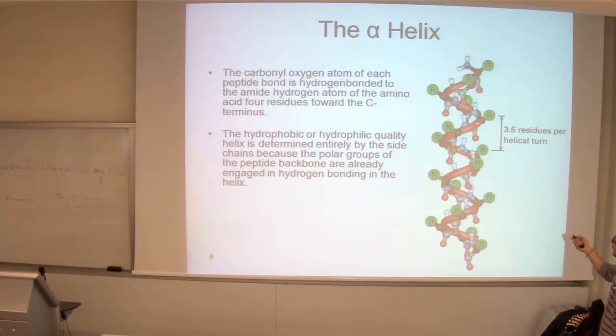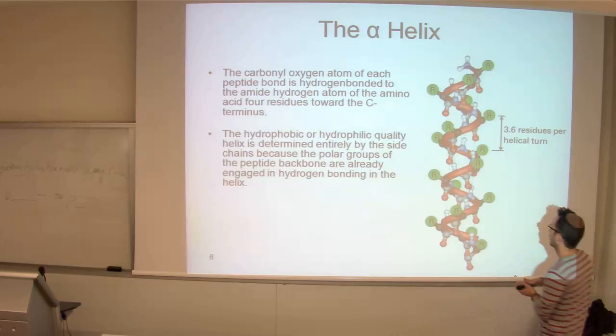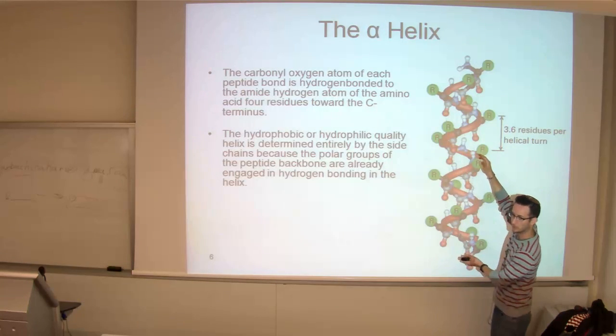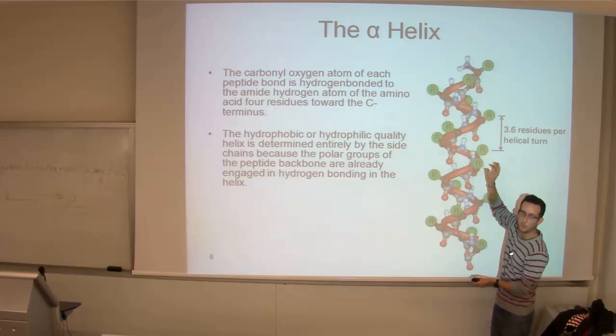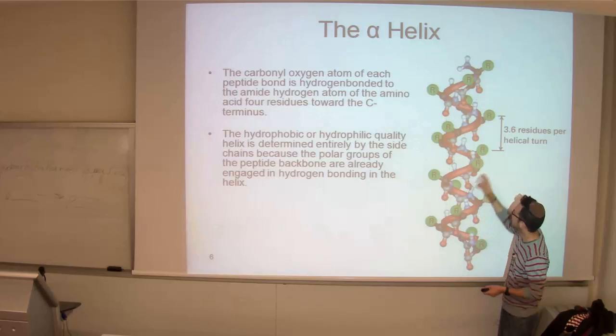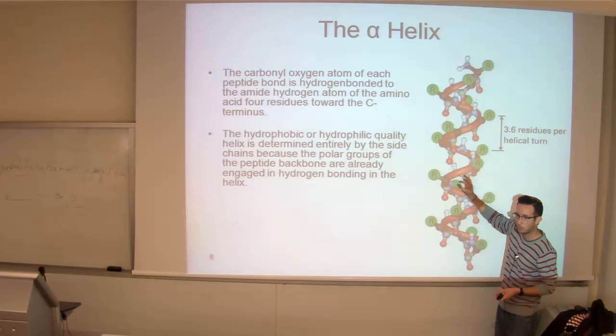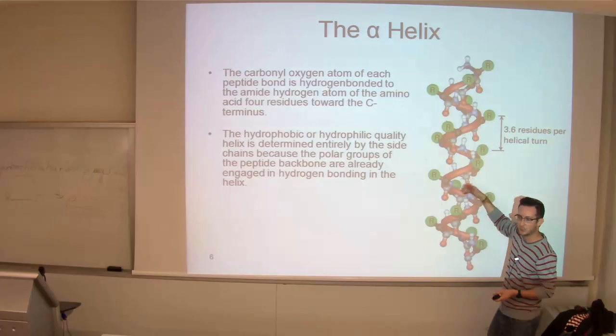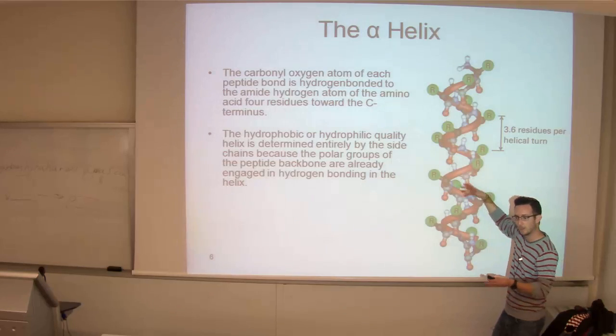And note that the hydrogen bonds here are between atoms that are part of the polypeptide backbone, and not between atoms that are part of the residual chain. So the outcome is that now you have a fragment of a protein, or a region in the protein, where the polar or charged moieties that are part of the polypeptide backbone are already engaged in hydrogen bonds between them.